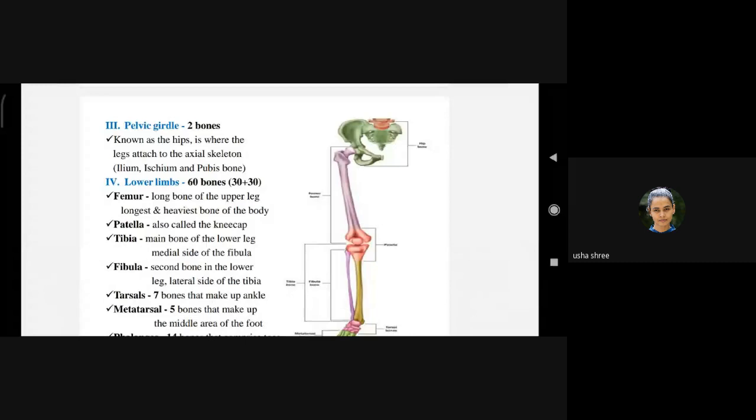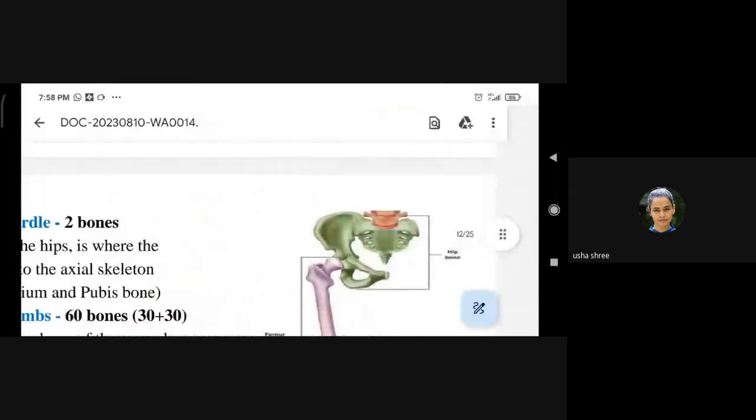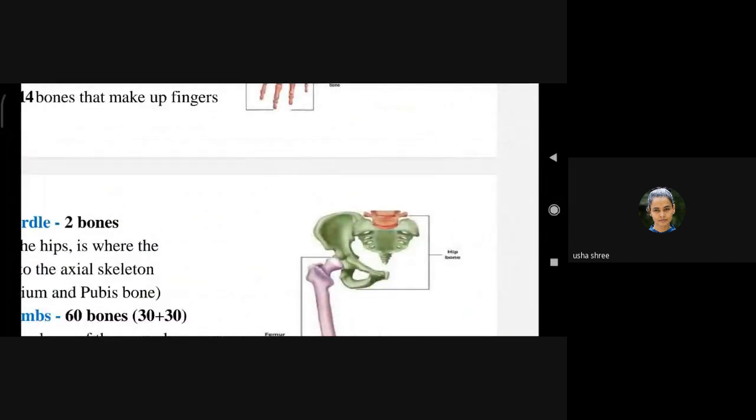You can see here in the picture, this vertebral column is ending, and the vertebral column is connected to our legs by our hip, this pelvic girdle only.